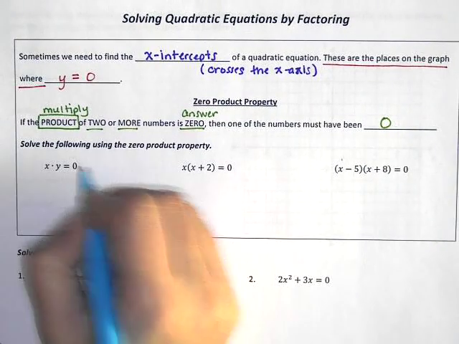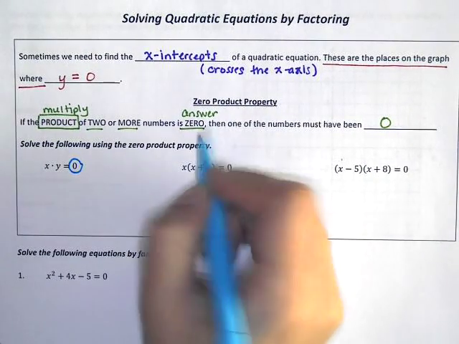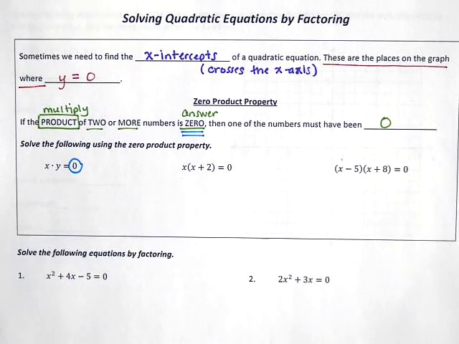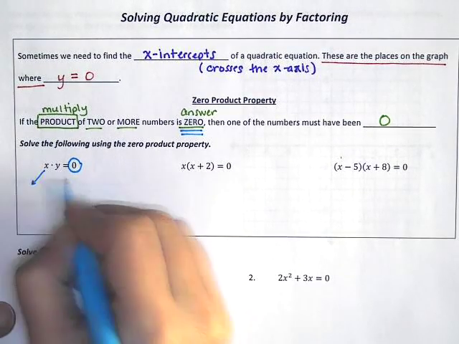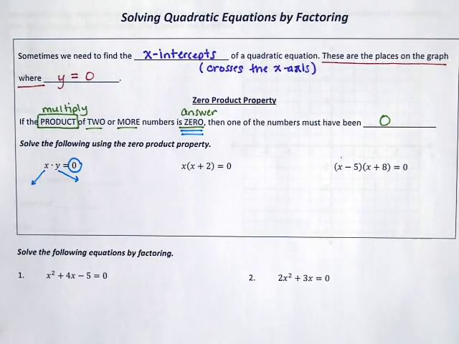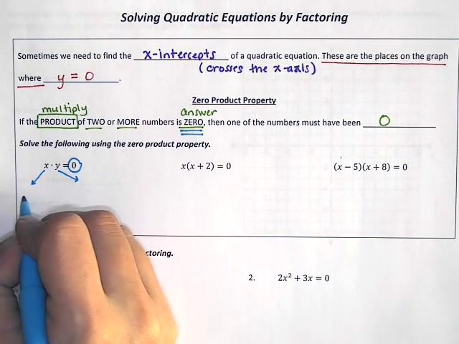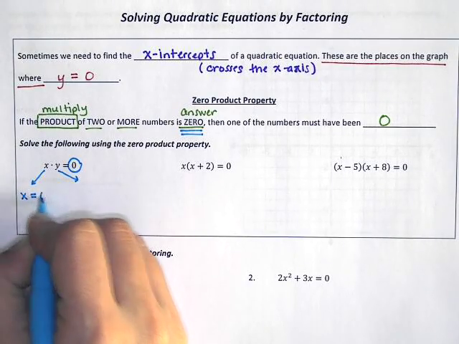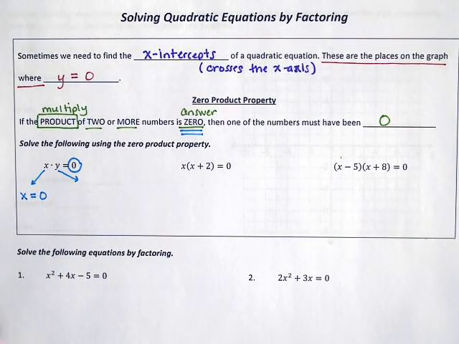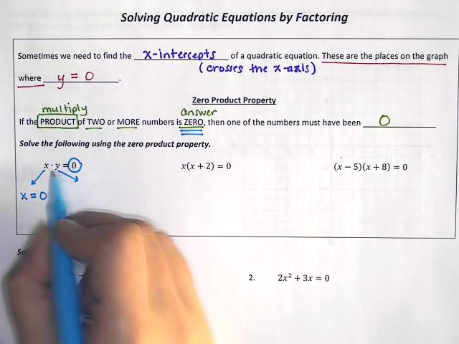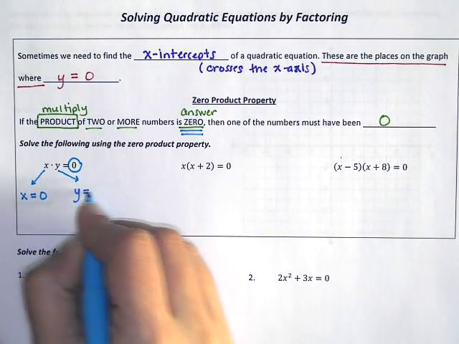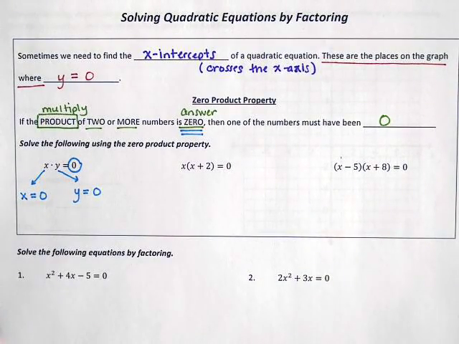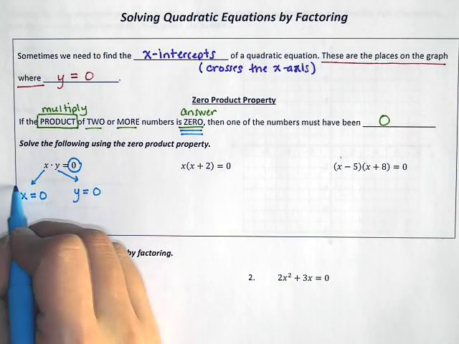Well, since the answer to a multiplication problem is 0, that tells me that one of these numbers must have originally been 0. So one way to make this product equal to 0 is to make x equal to 0. And another way to make this product equal to 0 would have been if y was equal to 0. And those are your solutions.